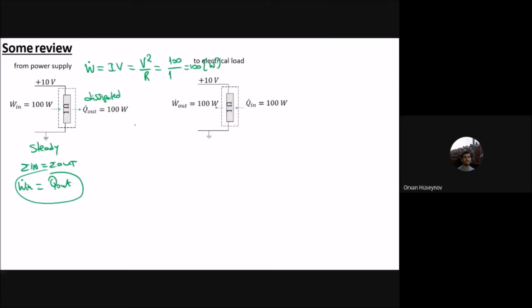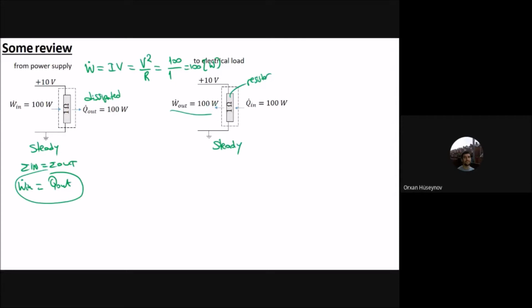Now, let's see the opposite. What I am doing now is adding heat, and there is 10 volts and 1 ohm, the same stuff, and I'm trying to get the 100 watts. If I say this is steady, this is the resistor, the same resistor here. I'm heating the resistor, and I'm expecting that I will get the 100 watts back.